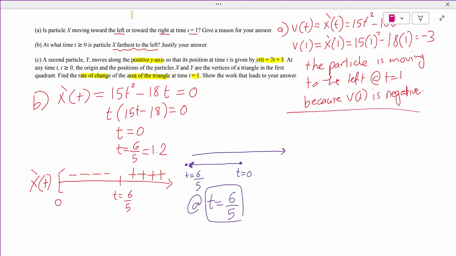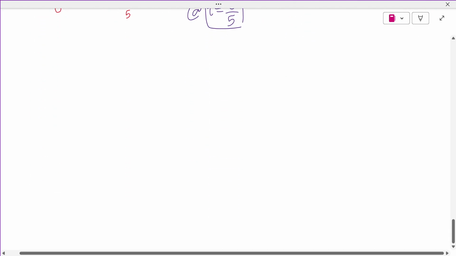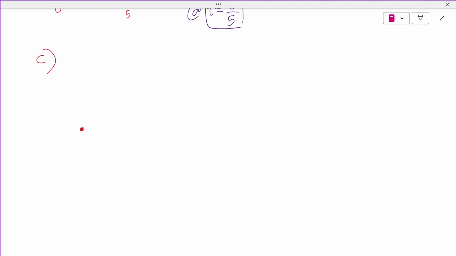So what is happening here in part C? This is the origin. Now the first particle is moving along the x-axis, and the position is given by x of t. There is another particle moving along the y-axis, which is y of t.